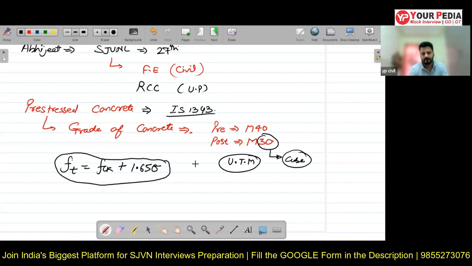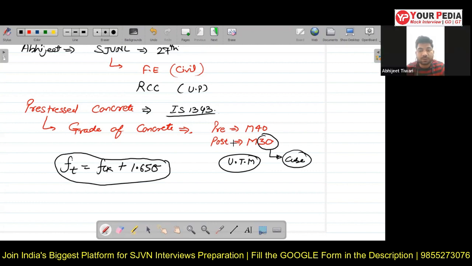That is fine. If we have to write the characteristic strength of only concrete, what will be the value of the characteristic compressive strength with respect to the M30 grade? It should be 30 Newton per mm square only.